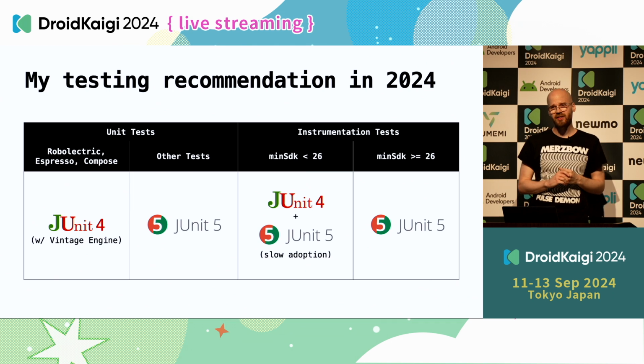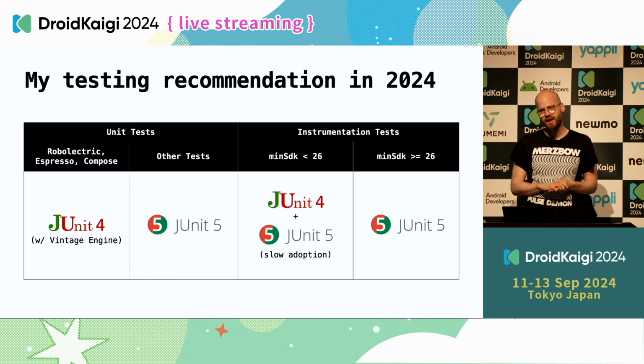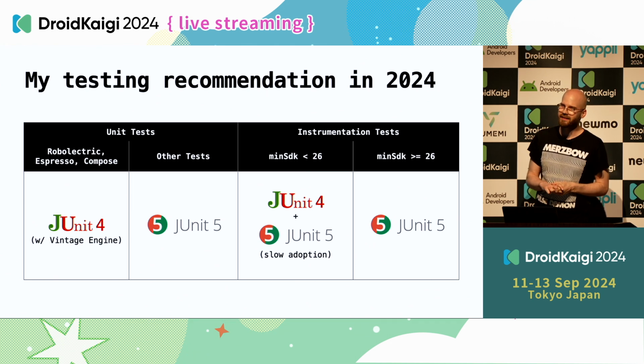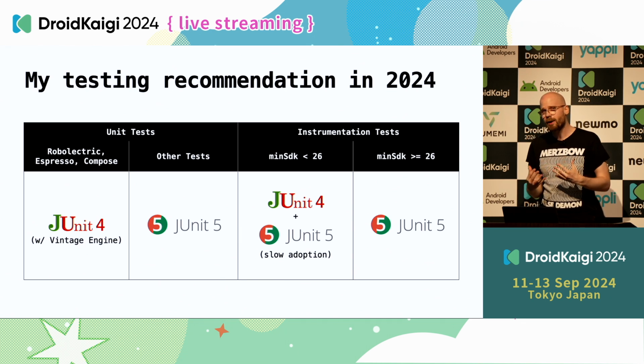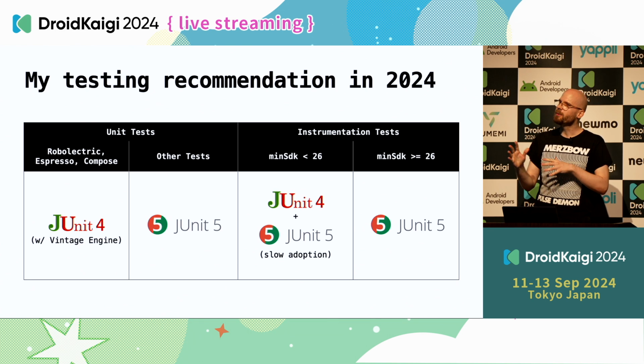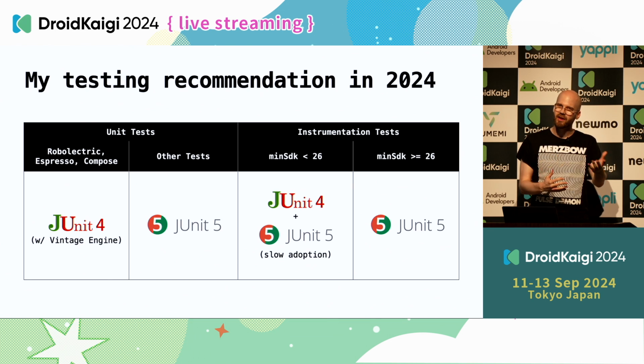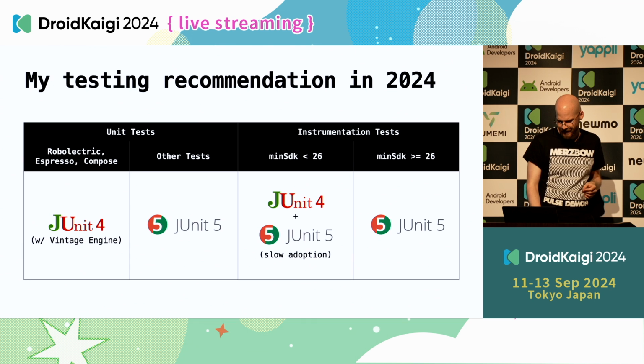So to round off this talk, thank you again for coming. I would like to give my updated testing recommendation in the current year of our Lord 2024. In general, of course I'm biased, but in general I would recommend that you apply Android JUnit 5 to your projects in all cases, but where you apply it and actually use it for tests maybe depends on a certain thing or two.